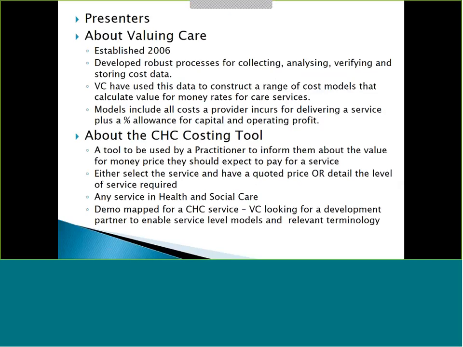So firstly, about us. Value in Care were established in 2006. We've developed robust processes for collecting, analysing, verifying and storing cost data. We've used this data over the years to construct a range of cost models that calculate value for money rates for care services.